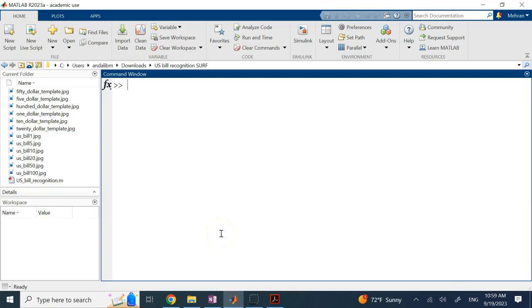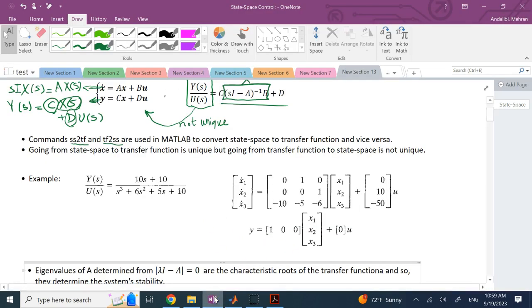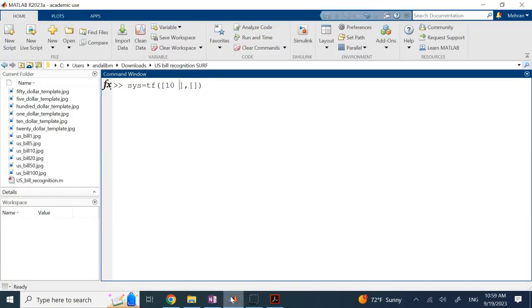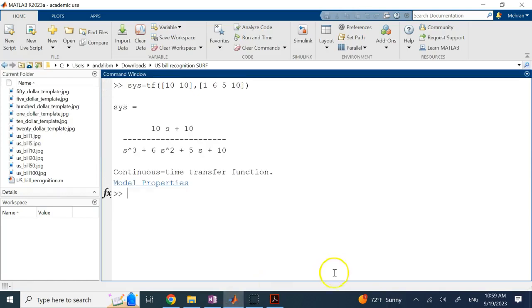So you say sys equals the transfer function of, then you pass the numerator and denominator. In our case, the numerator is 10, 10, and the denominator is 1, 6, 5, 10, right? So this is the transfer function. As you can see, we want to basically go to the state space.